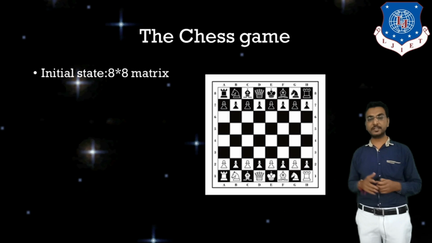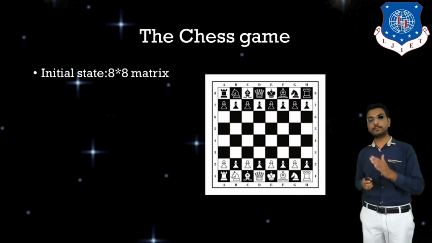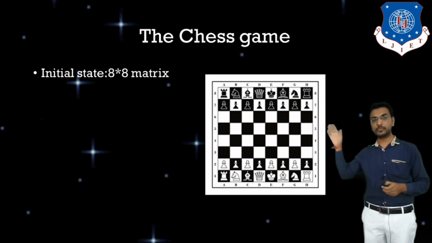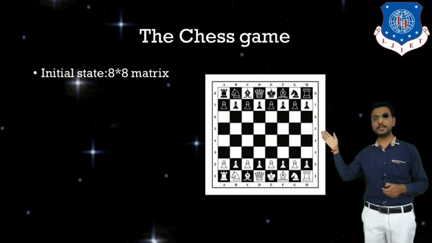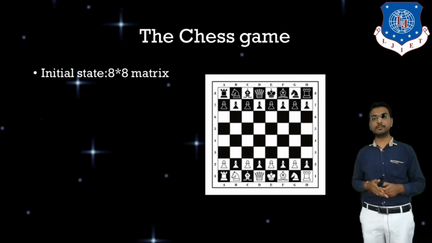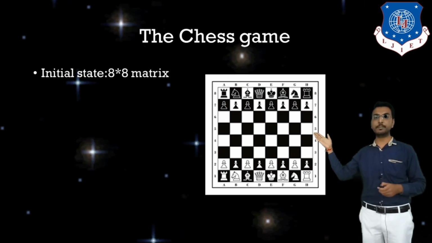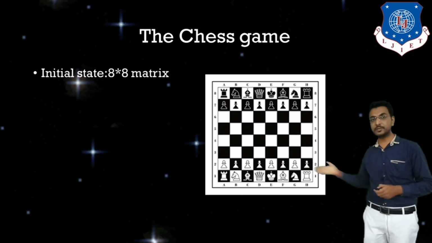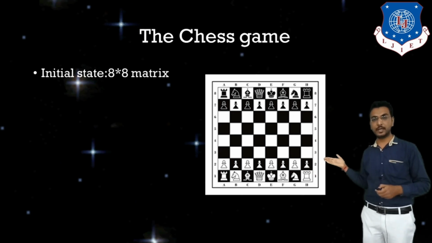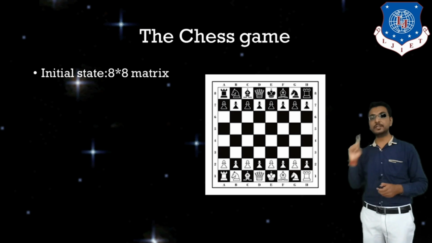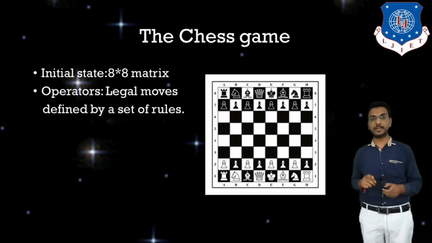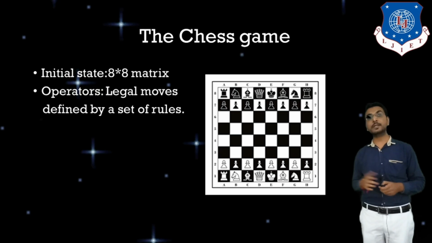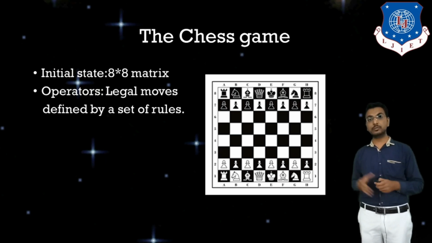While defining the problem, the first thing that we will have is an initial state. In the initial state we will have one 8 cross 8 matrix on which all elements are laid out like this. After this we will have some operators or rules, that means how one legal move will be specified.